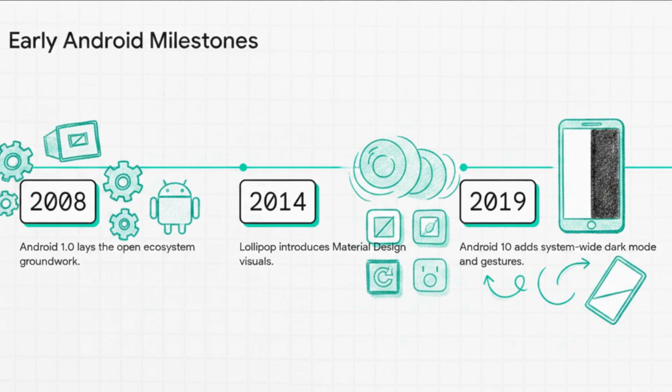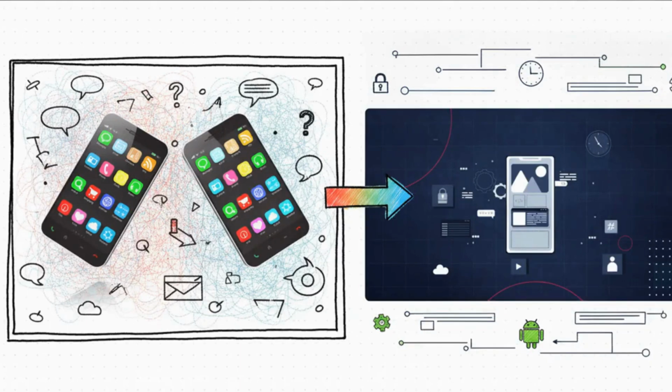Things like system-wide dark mode, foldable support, and seamless gesture navigation. When you contrast the super cluttered, kind of inconsistent interfaces of those early years with the sleek, developer-friendly frameworks we have today, you can literally see an operating system growing up right before your eyes. It evolved from this disjointed collection of neat little features into a deeply integrated, incredibly smooth ecosystem.